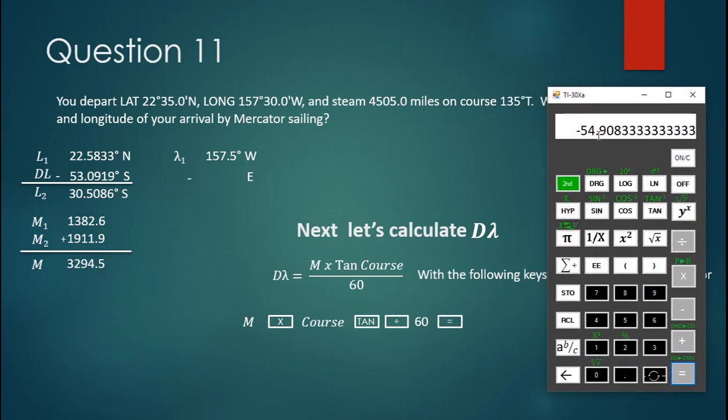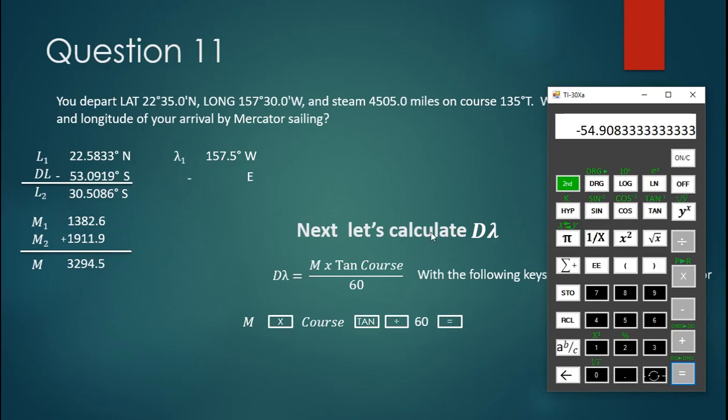54.9083. And again, just like in the d lat, we had a negative sign. We're going to disregard that negative sign. In this case, we just happen to be subtracting the corrections. You'll run across cases where you'll get a negative number on the calculator, but your correction says add it. You always add it.